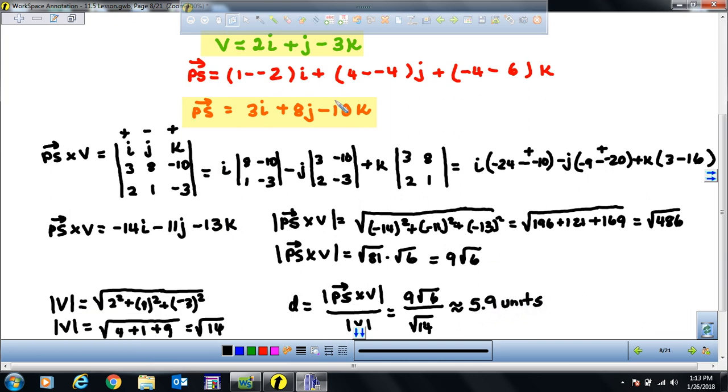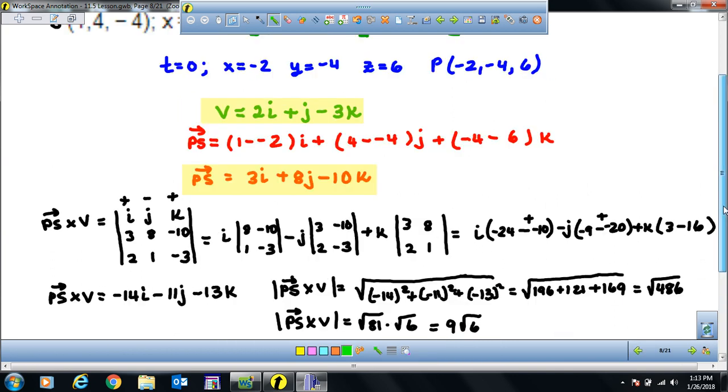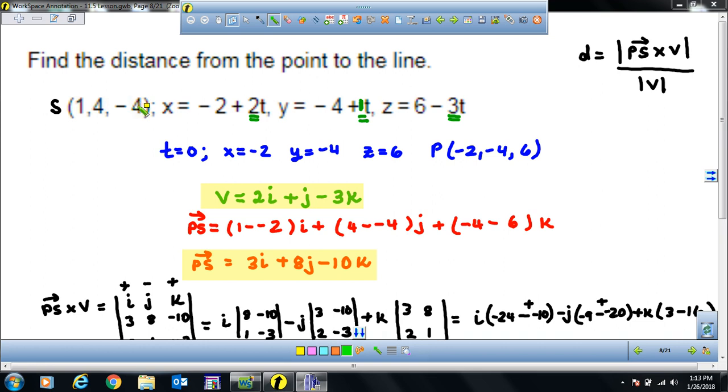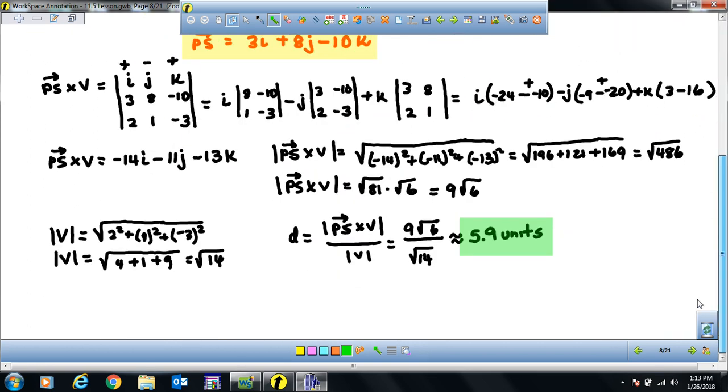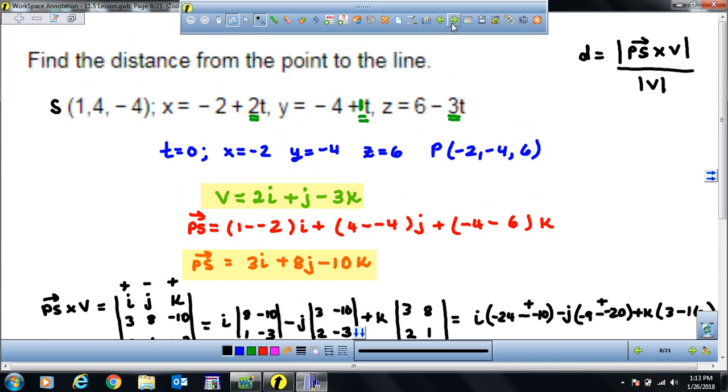So if we sketch it, that will be the approximate distance from the point (1, 4, -4) to these lines. Okay, it would be 5.9 units. Next.